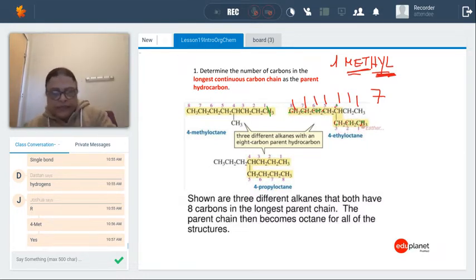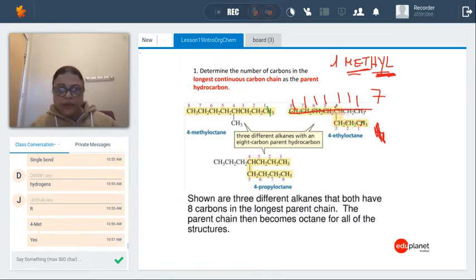So don't let the fact that it is drawn like this confuse you and say, yeah, but the straight line is like this. Yeah, the straight line is like this. You have also the carbons in a row in this way, but you have carbons in a row also in the other way. And that is what matters.